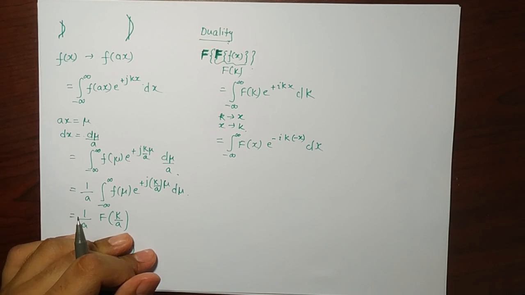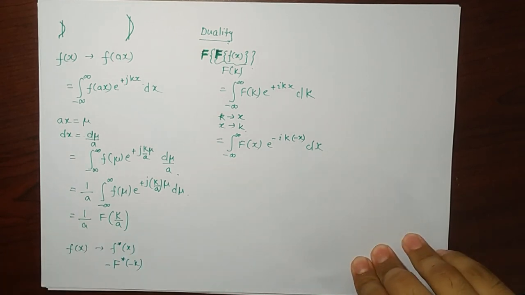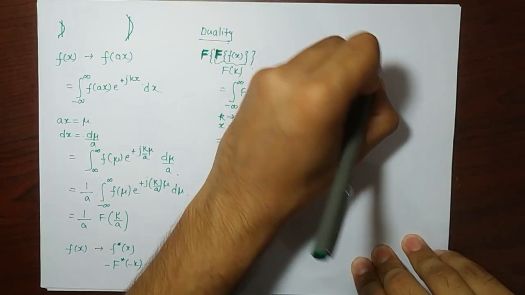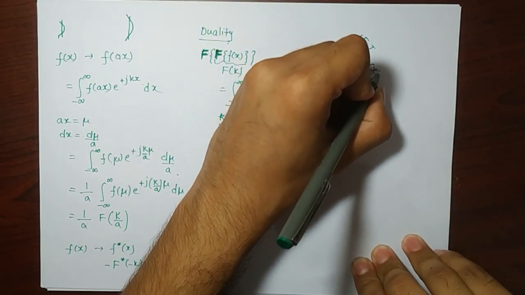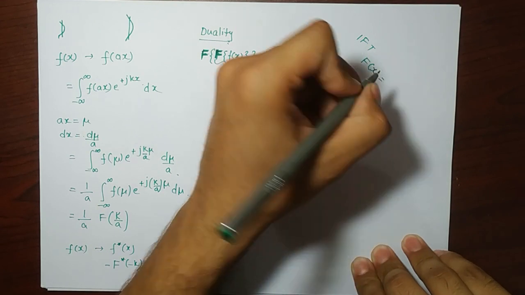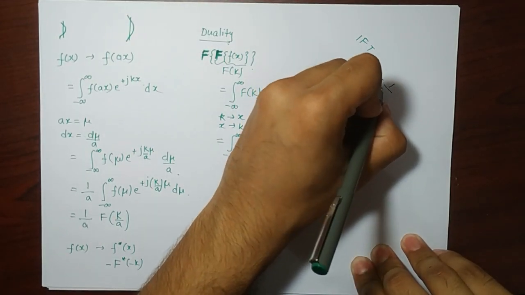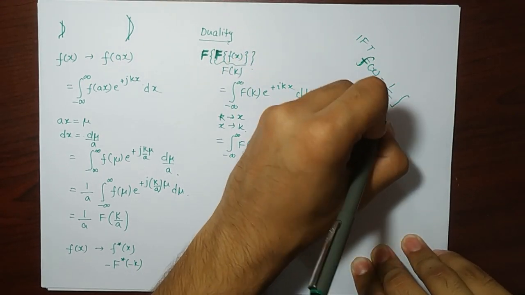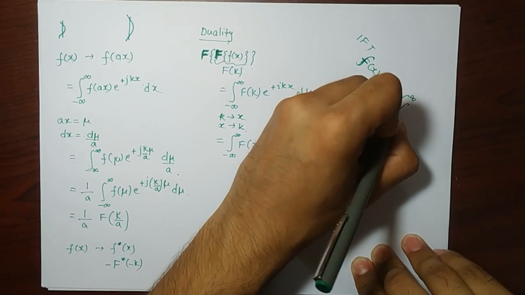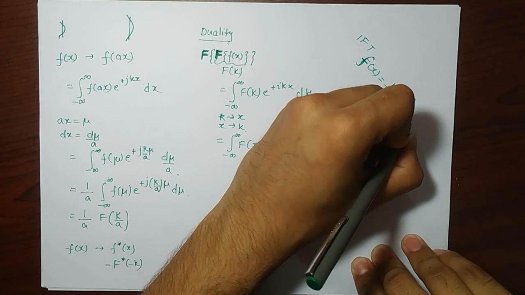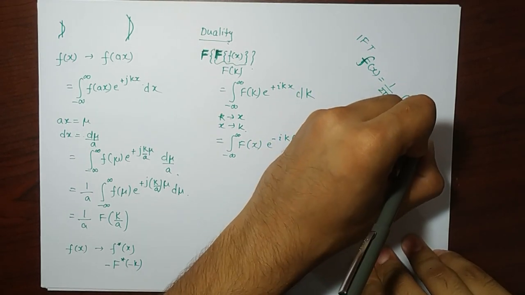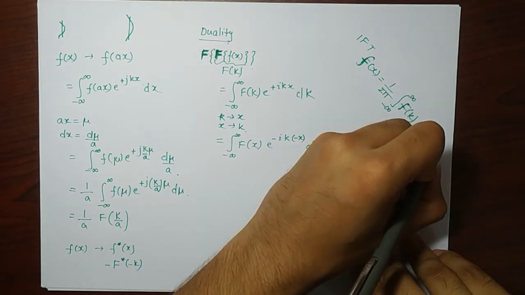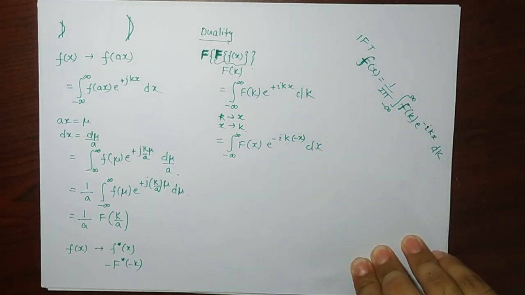If you recall it from the inverse Fourier transform formula, f of x is 1 by square root of 2 pi times the integral of f of k e to the power minus i k x dk.